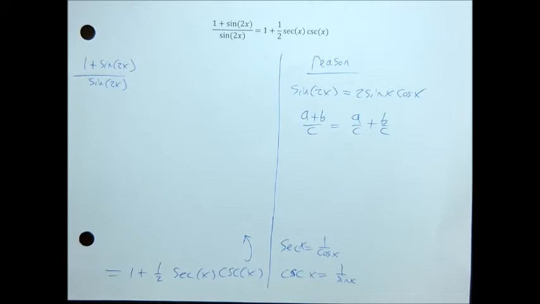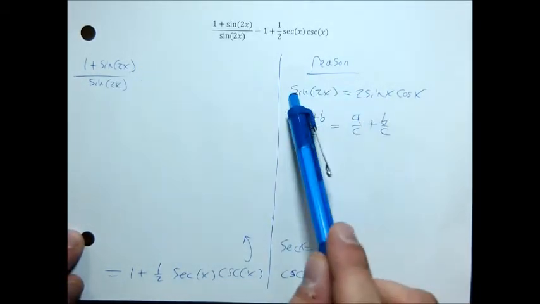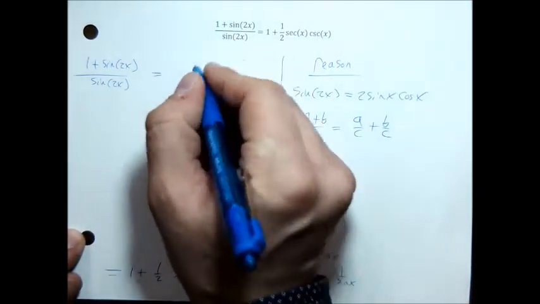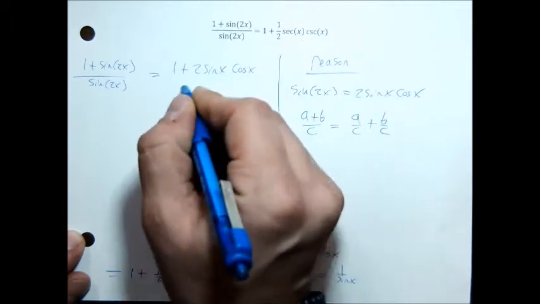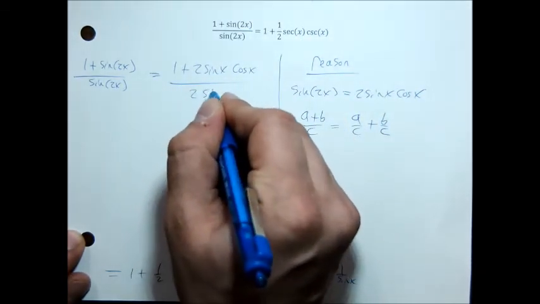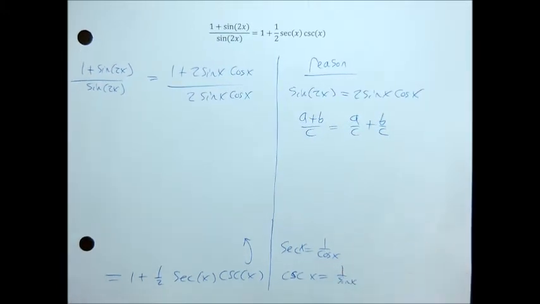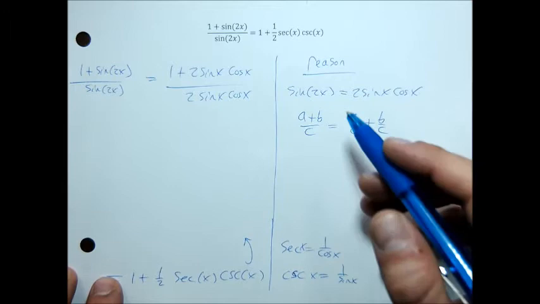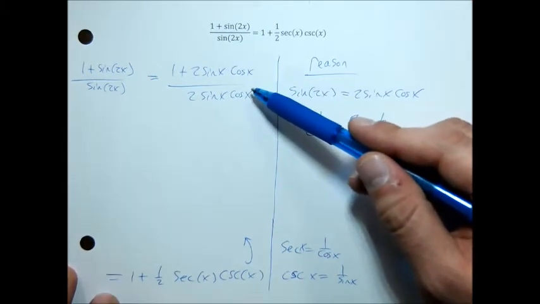So when we make that substitution, we've got sine of 2x, so it makes sense to use this relationship. We'd get 1 plus 2 sine x cosine x over 2 sine x cosine x. If it's not clear what to do at that point, this would be a good time to work backwards.